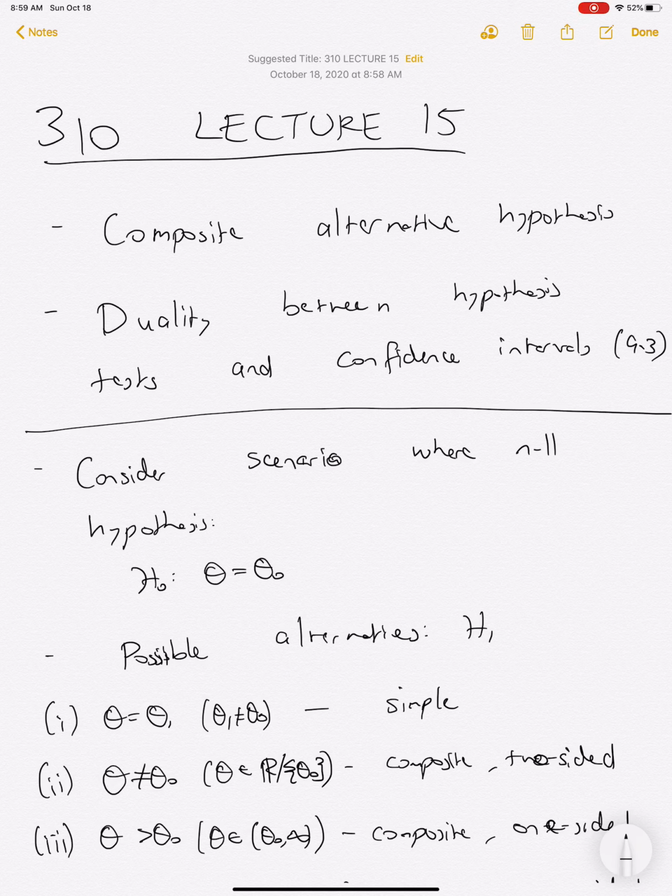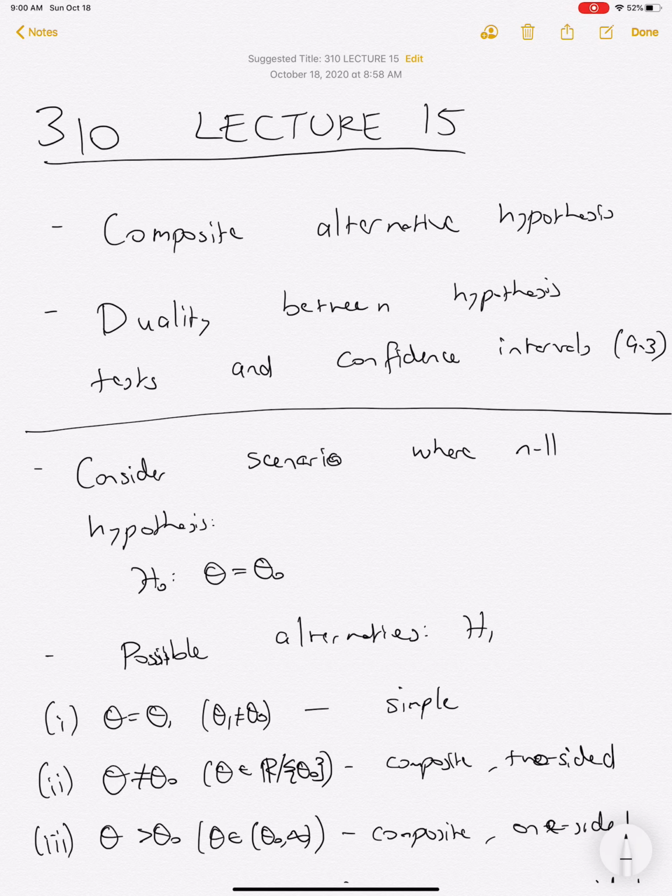We've spent a lot of our time talking about simple hypotheses, where both the null and the alternative are just one number. In this lecture, the focus is going to be more on composite alternative hypotheses, and in particular, we're going to show that there's a really nice duality between hypothesis tests and confidence intervals. This is in section 9.3 of the textbook.